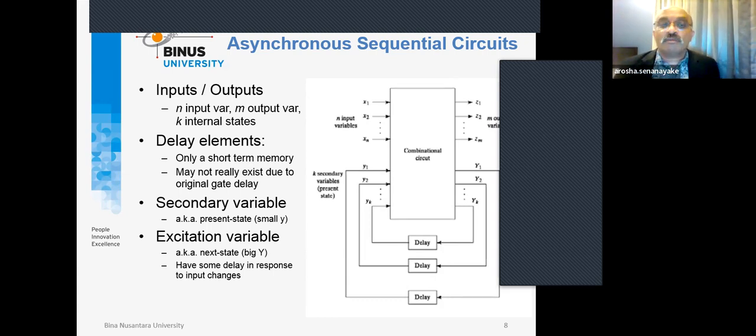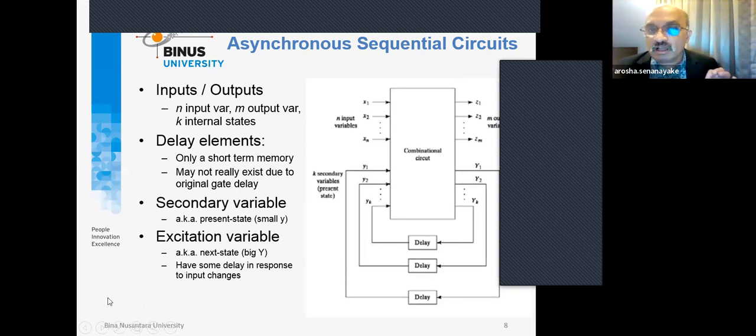Next states we normally call the excitation variable, that is the so-called next state, or big Y. So the capital Y and simple y are used. As you can see, the same number of capital Y's corresponding to simple y's are available.